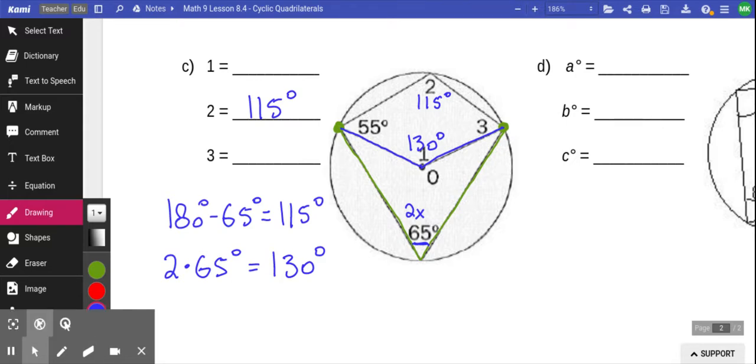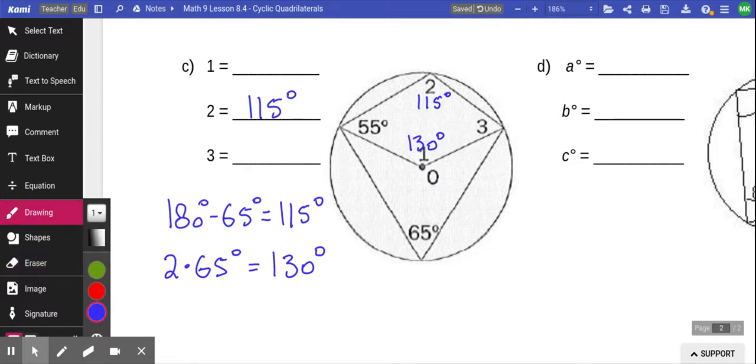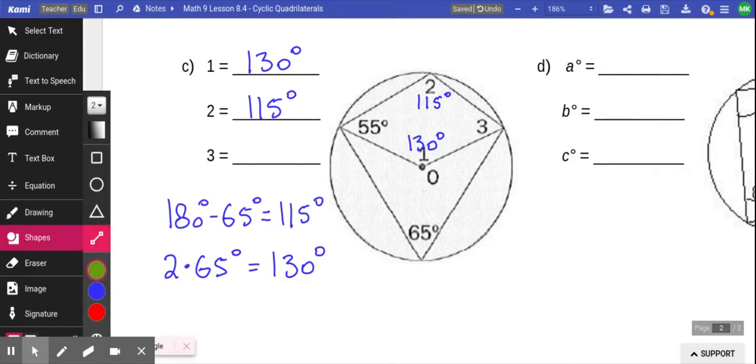Okay, now that we have that solved, I'm just going to erase some of these lines. We're stuck looking for angle 3 over there, and it's going to be a tricky one. It's going to be found using another rule that we talked about a long time ago. Maybe we forgot it.